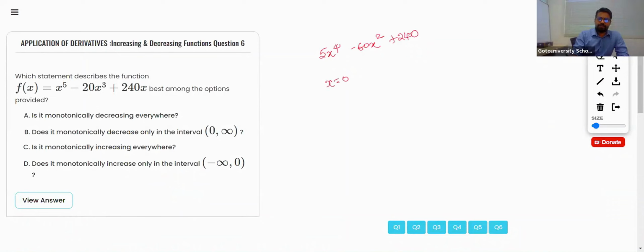If x is equal to 0, it's positive. If x is equal to 1, in case of negative, 240 is always higher than this number. So even if it becomes negative, this will become positive at the end. That is the reason f dash of x is always going to be positive. So it is monotonically increasing everywhere. So that is the reason. Okay. Yes.